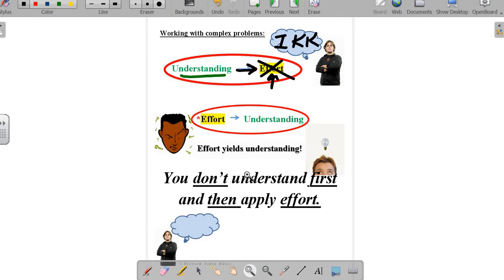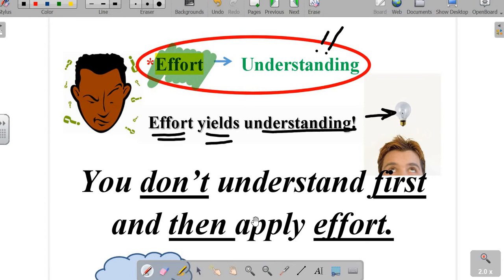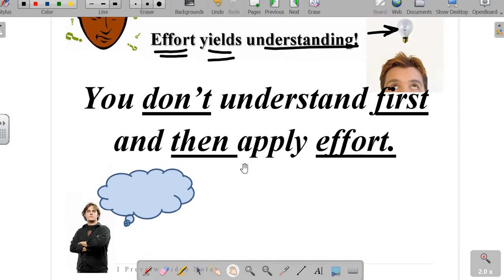But in reality, the opposite is true. You first apply effort, and then you get aha, understanding. Effort yields understanding. You don't understand first and then apply effort.